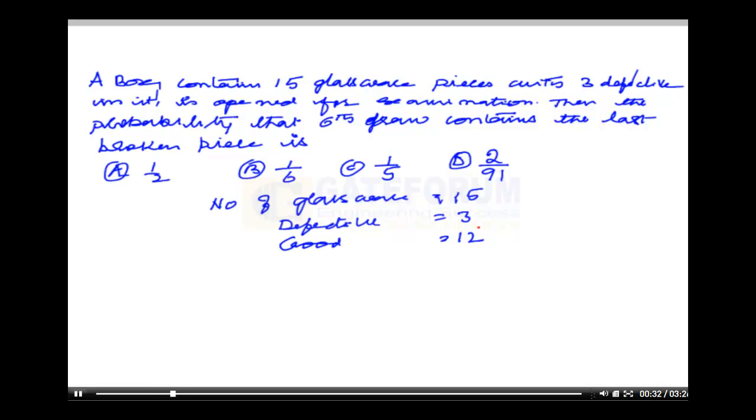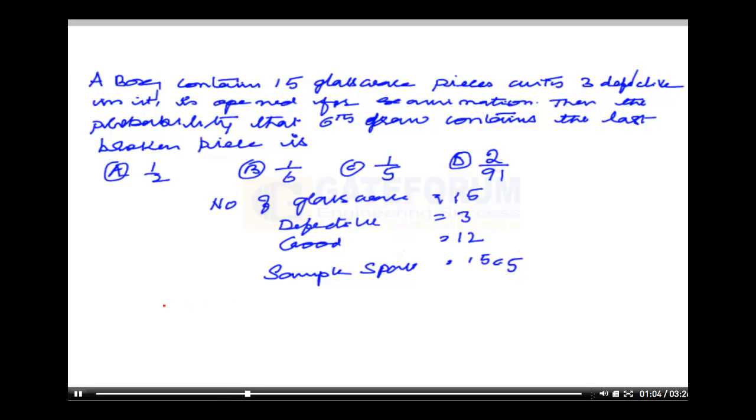Means in the previous 5 draws we should have 2 defective and 3 good pieces. Hence in the previous 5 draws, the sample space is 15C5. In these 5 we should have 2 defective and 3 good.